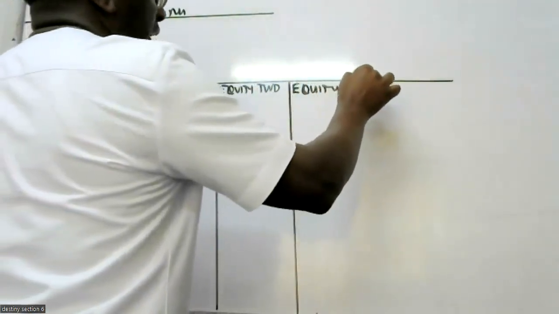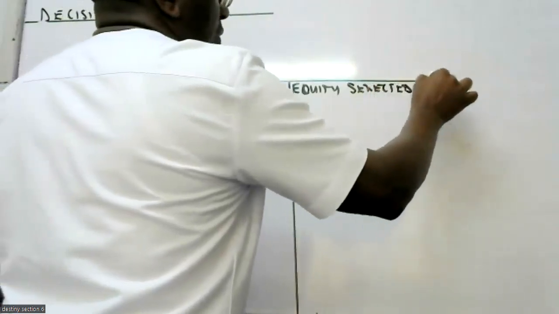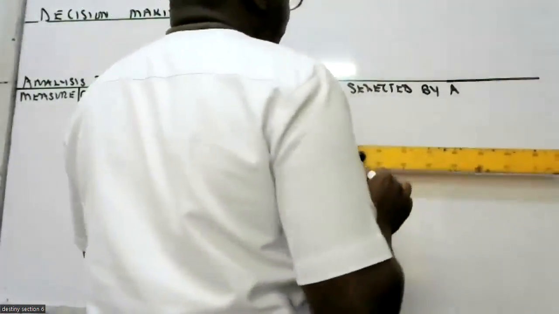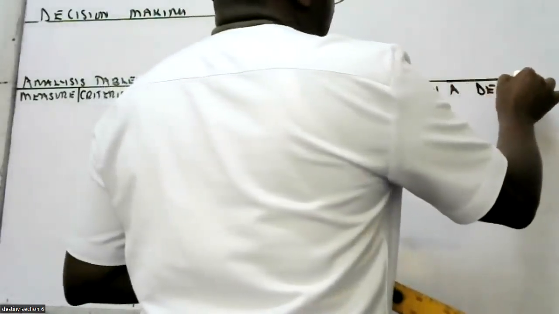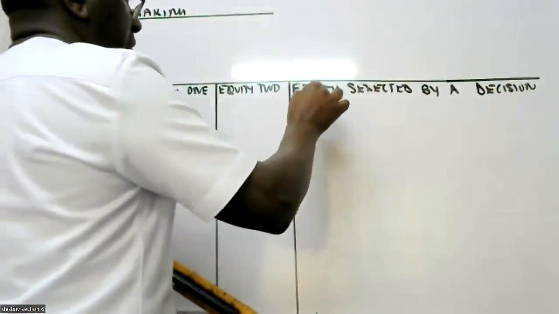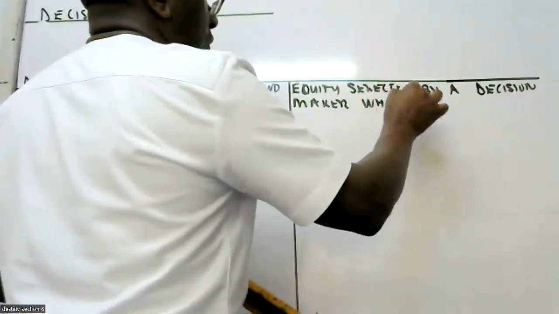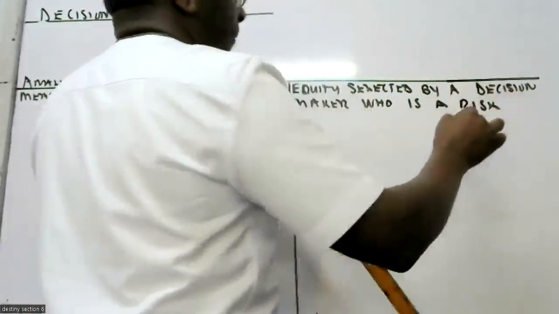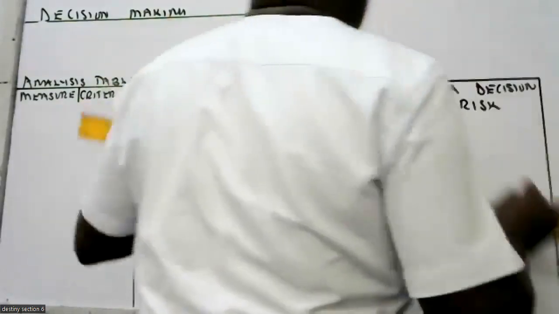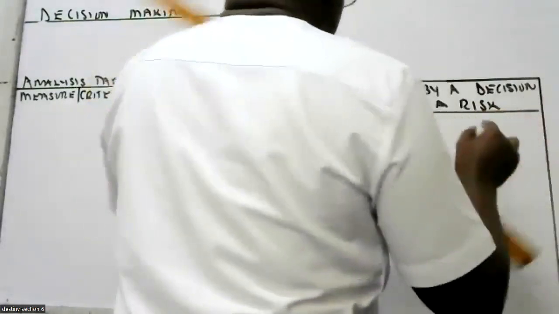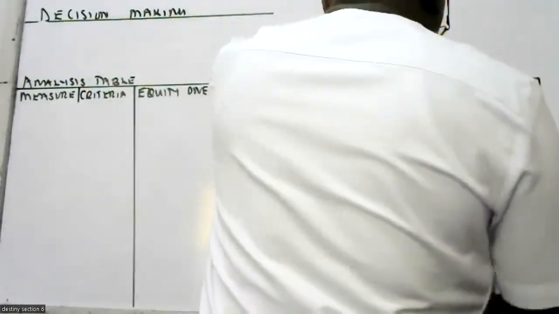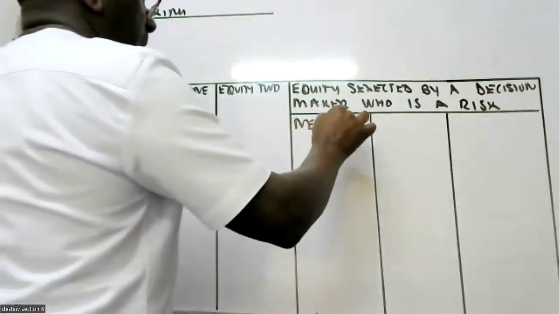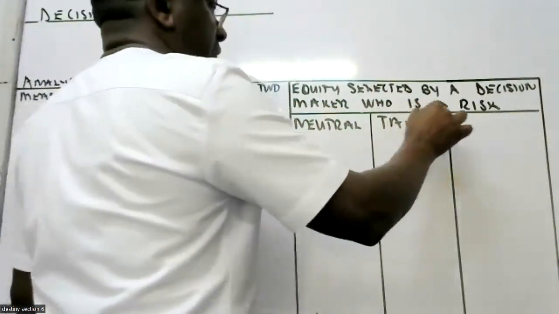Equity selected by a decision maker. Decision maker who is a risk neutral, risk taker, risk averse.